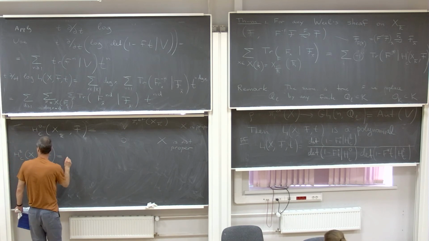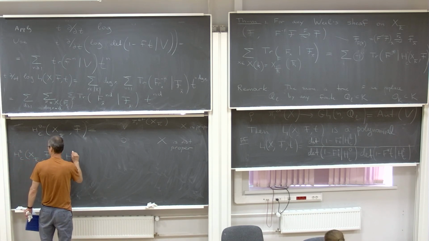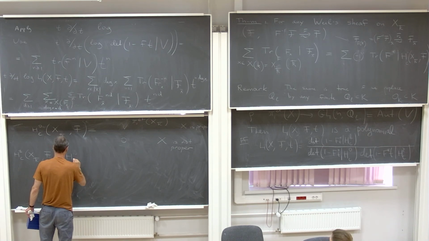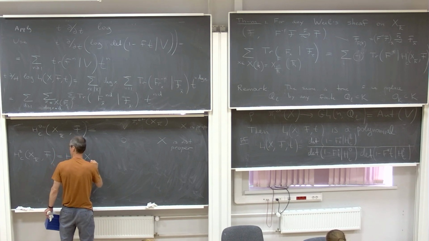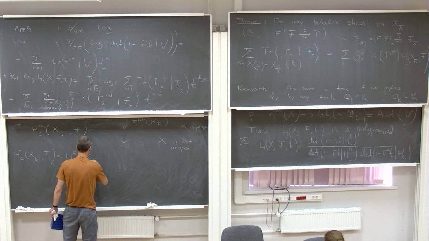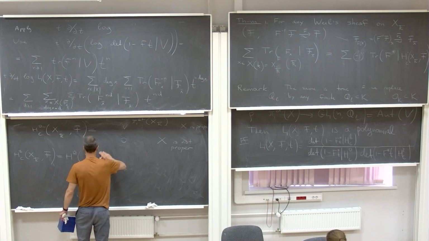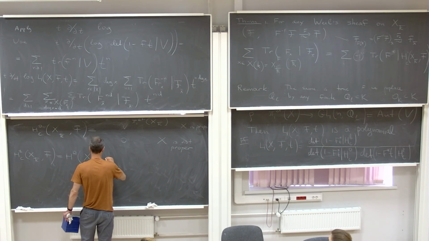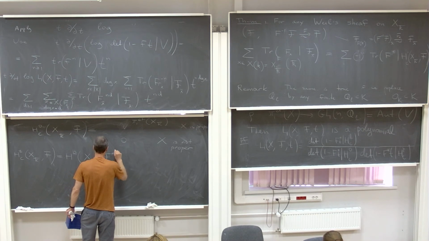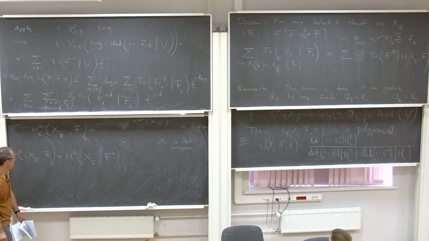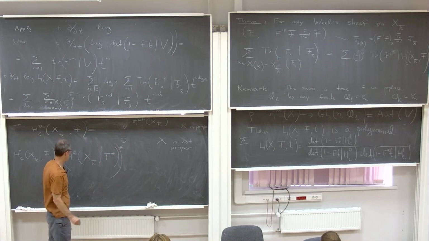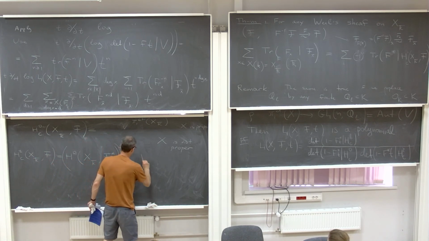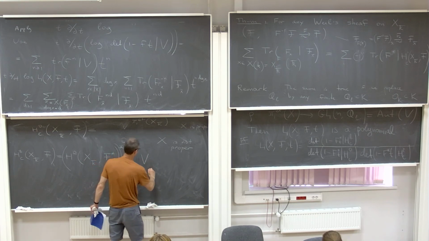This is H2 dual to H0, usually H0 of x k bar with coefficients in f dual, and then I have to dualize it. And we discussed last time that this is coinvariants.